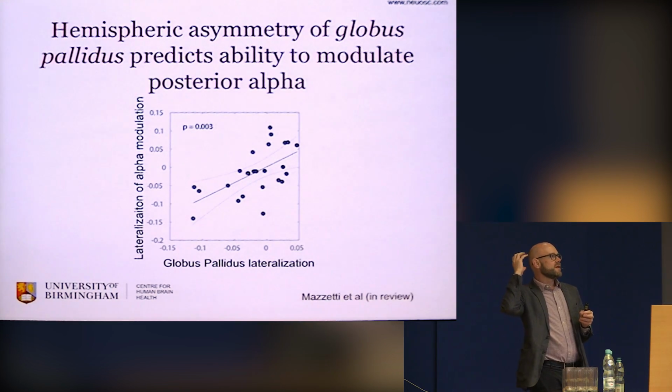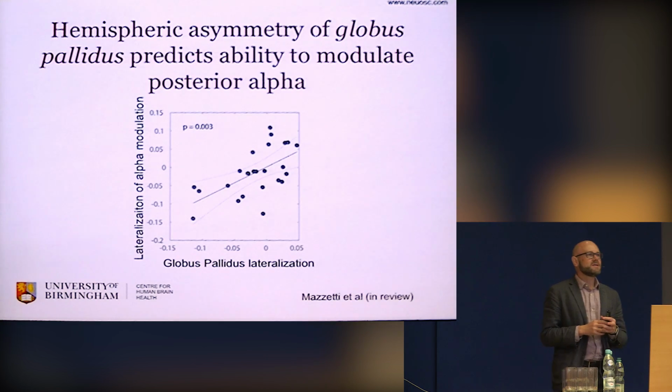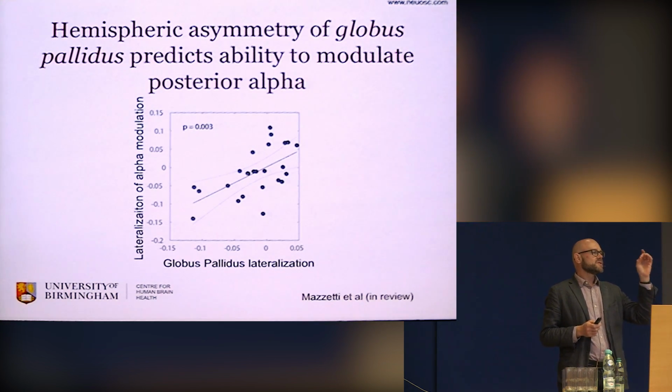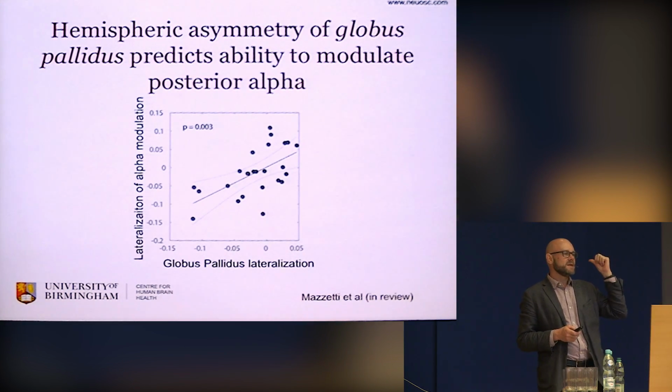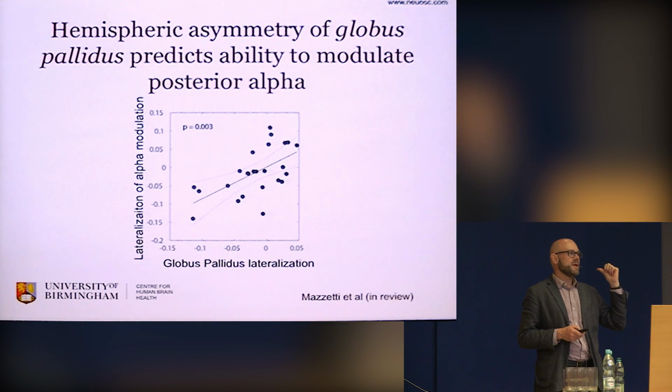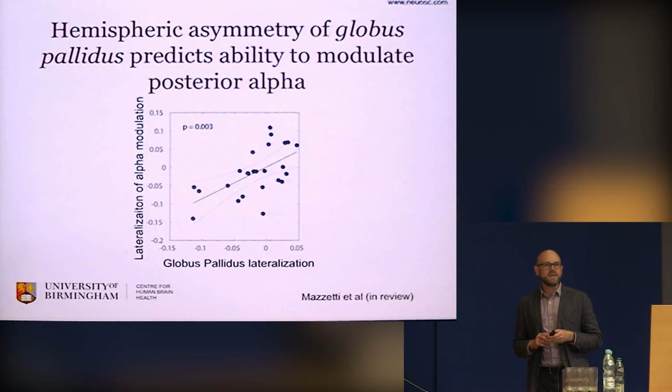They can also modulate their right hemisphere alpha more strongly than their left hemisphere alpha. This is a bit naive: a larger subcortical brain structure is associated with a better ability to modulate the oscillations in the same hemisphere. It's a bit naive, but it actually works, and this is also something we have been able to reproduce recently.